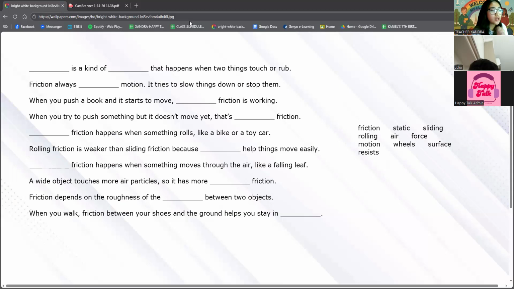For the first one: blank is a kind of blank that happens when two things touch or rub. Friction. Friction is a kind of force. Okay, very good. So friction is a kind of force that happens when two things touch or rub.